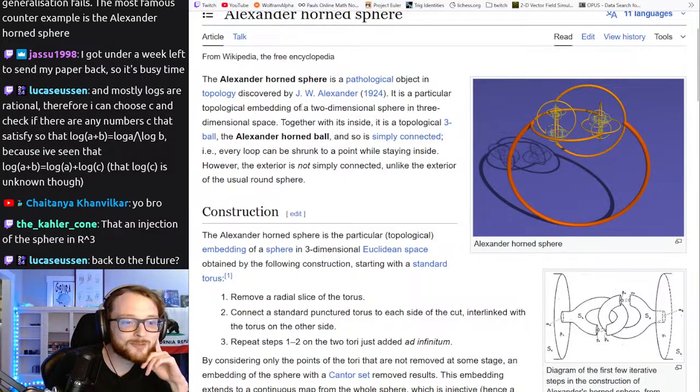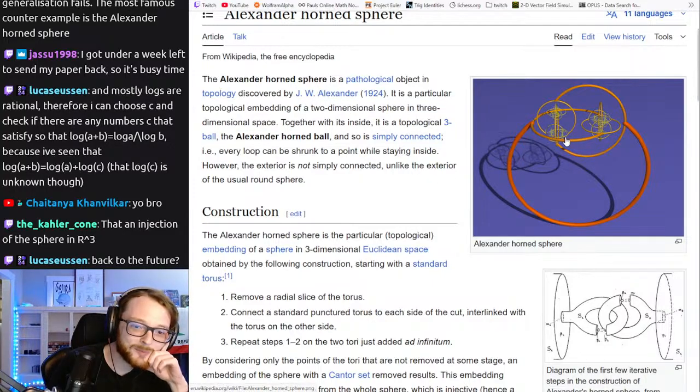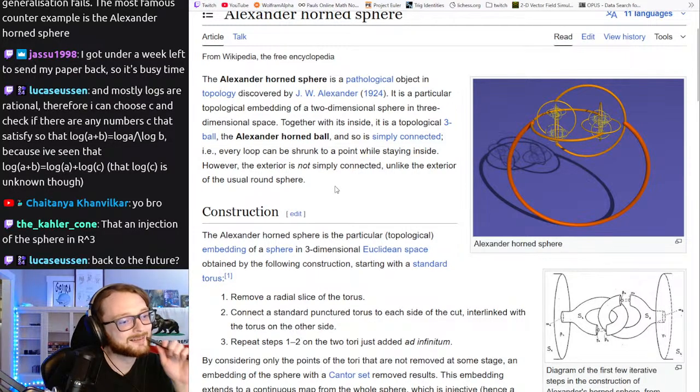God, this phrasing is so confusing to me, but it means a sphere is a two-dimensional surface that can exist in 3 dimensions. No, it's an animated movie this reminded me of. That's an injection of the sphere in R3. Okay.